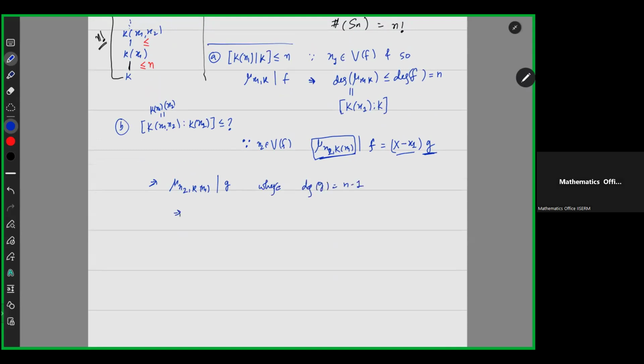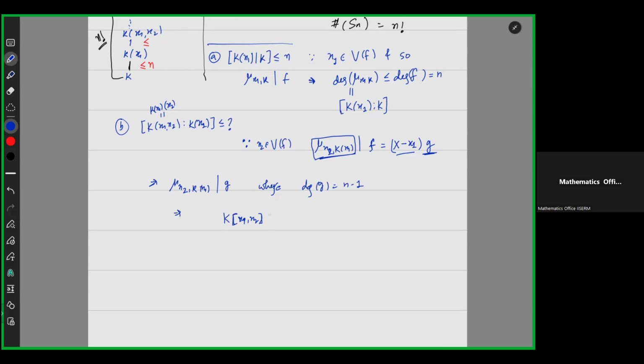So in particular, this implies that this extension K(x1, x2), I'm writing round bracket or square bracket, they are the same because these are algebraic elements anyway.